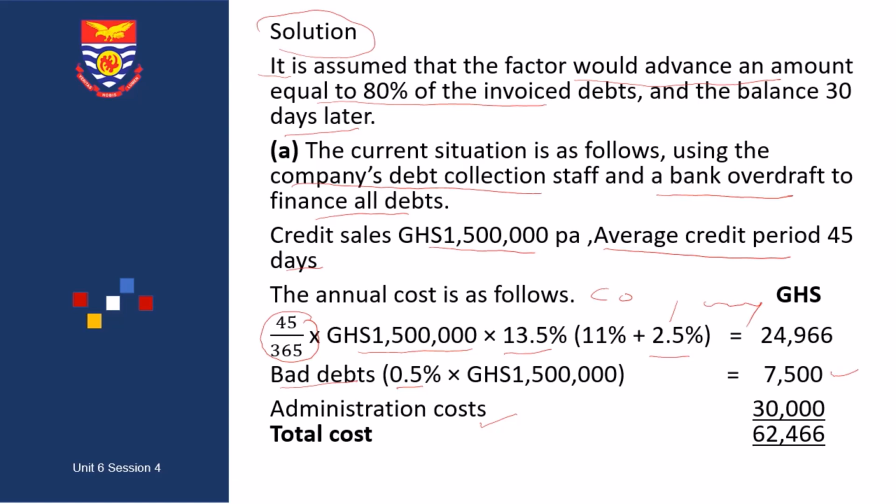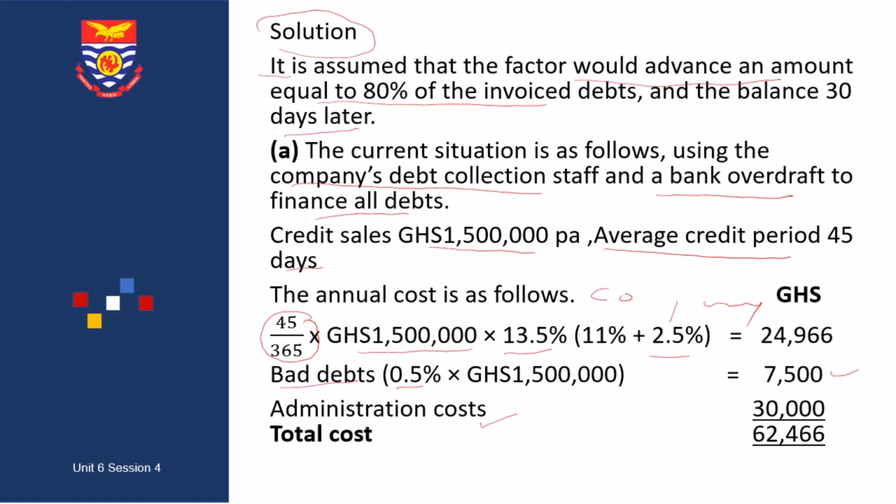Right, so we sum up, then we get a total cost here of 62,466. So that is the total cost to the company for using its own staff to collect the debt. Let's go to the other side.